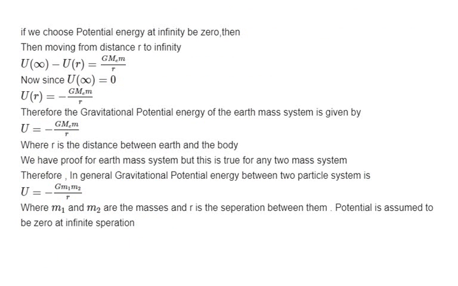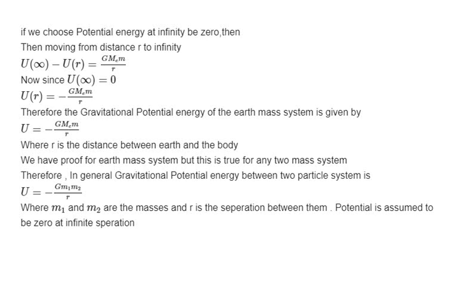If we choose potential energy at infinity to be 0, then moving from distance r to infinity, you will get the value of G Me into m upon r, because U infinity will be 0. So, U at any distance r will be given by minus G Me into m upon r.